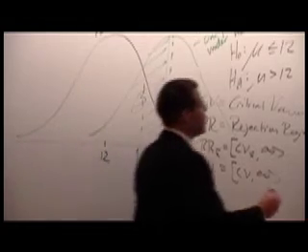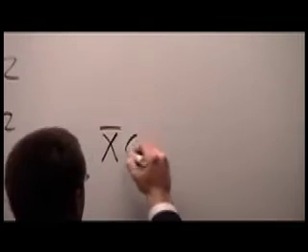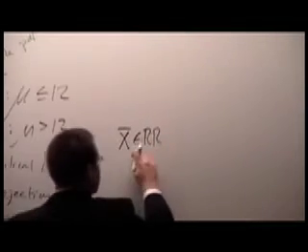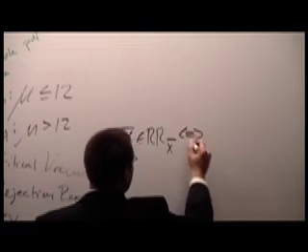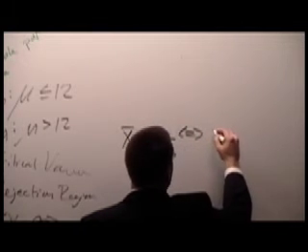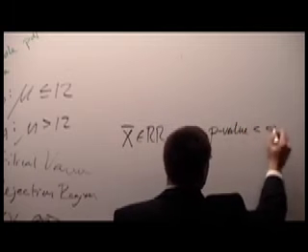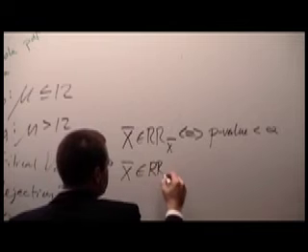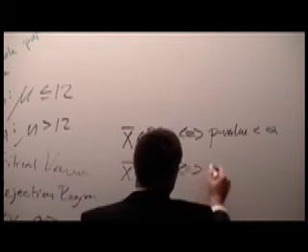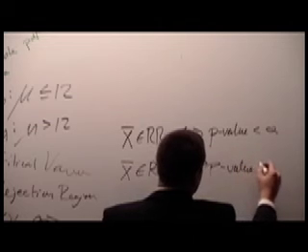And so you've got that if X bar is in the rejection region, then you also have that the p-value is less than alpha. If X bar is not in the rejection region, then the p-value is greater than or equal to alpha.